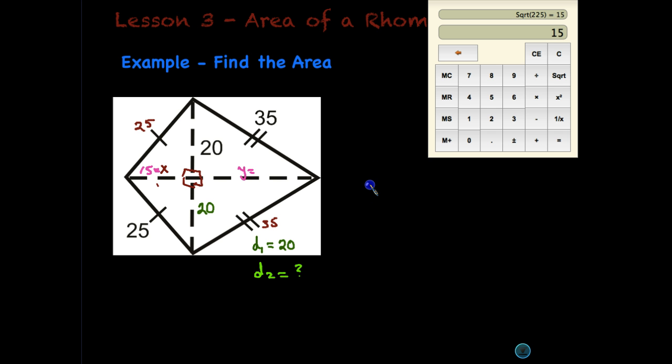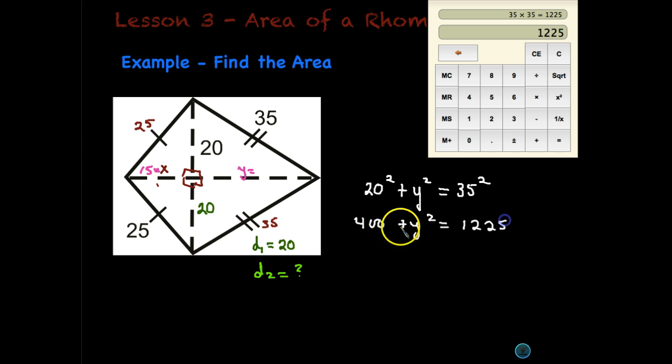In this case, we'll say that a is 20, so a squared plus b squared, we labeled that as y, has to equal 35 squared. Again, we will simplify. 20 squared is 400, and for 35 squared I would multiply 35 times 35 to get 1225.